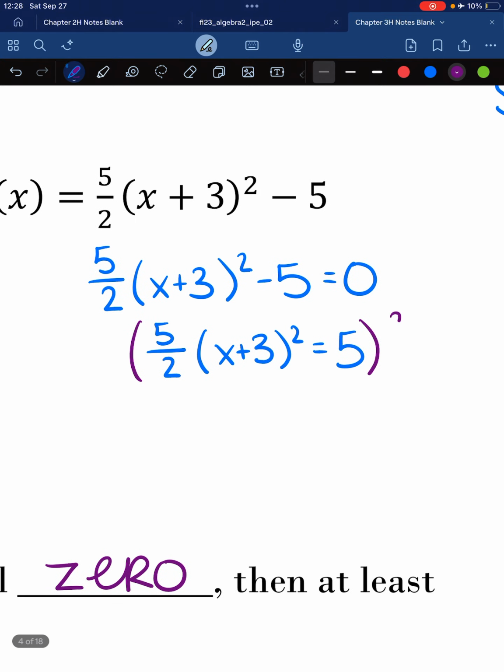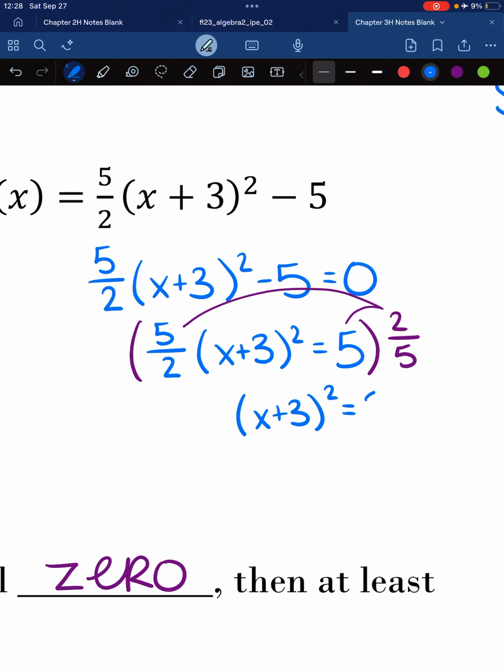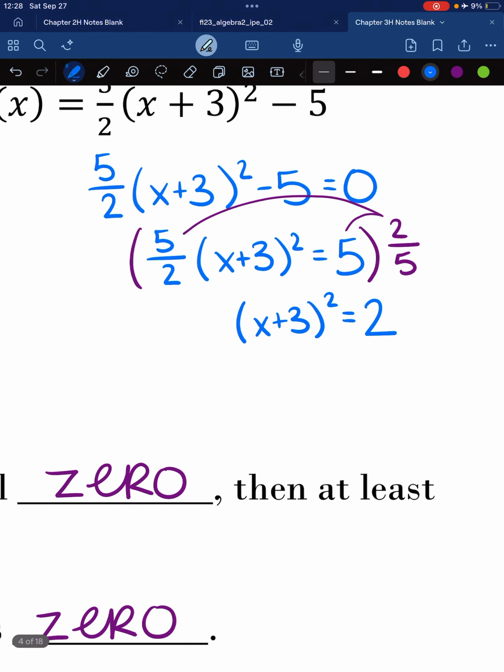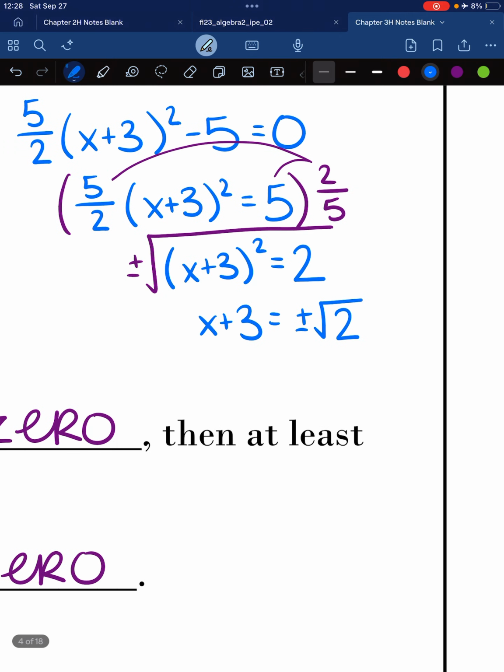Multiply everything by the reciprocal in front there, so I'm going to multiply everything by 2/5, and that's going to go here and cancel out, and to this side of the equation as well. Okay, plus or minus square root of both sides. And in a super exciting turn of events, we don't have to simplify this.